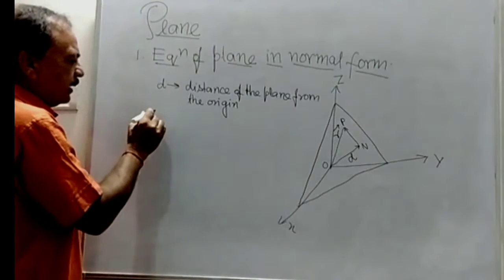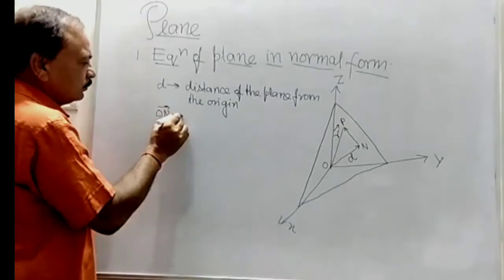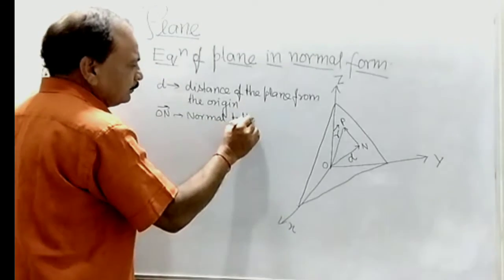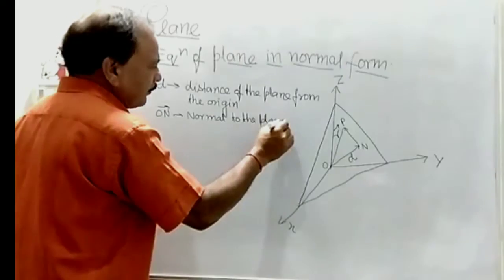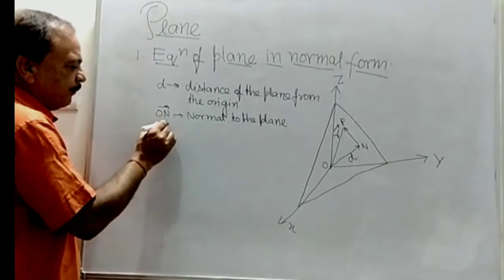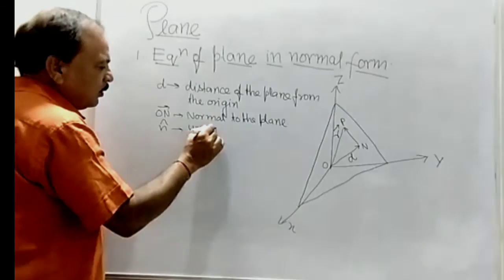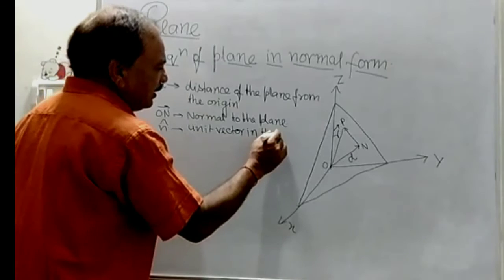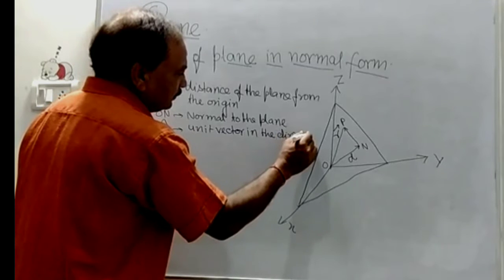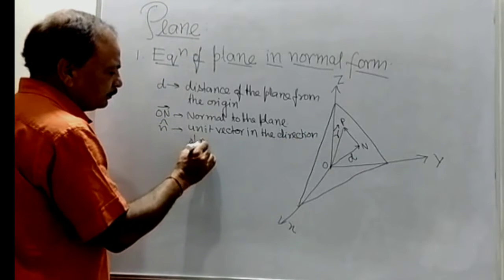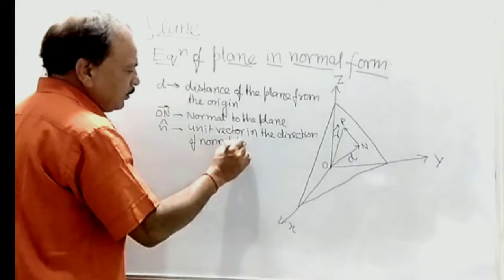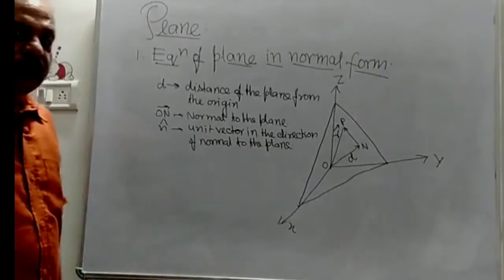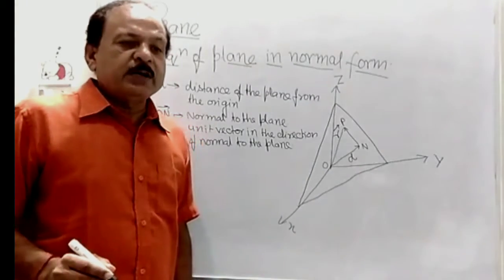ON is normal to the plane, the unit vector in the direction of the normal to the plane, and d is the distance from the origin.